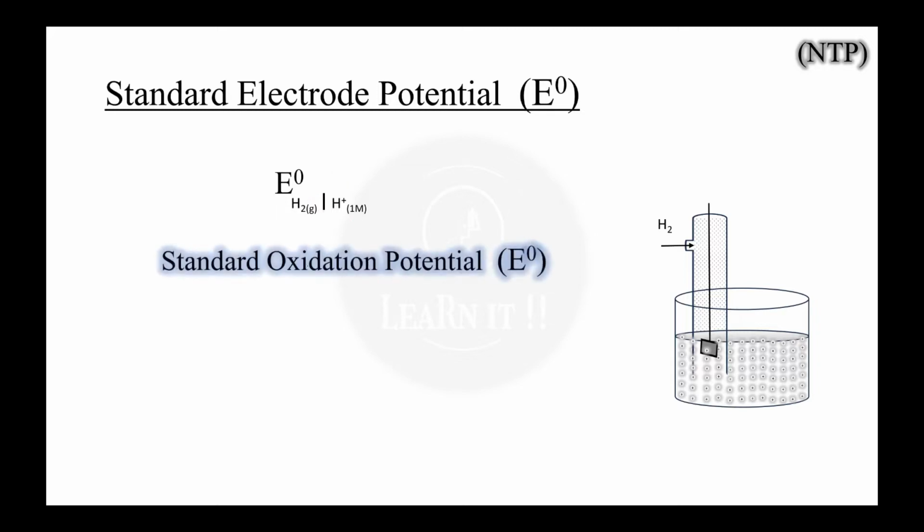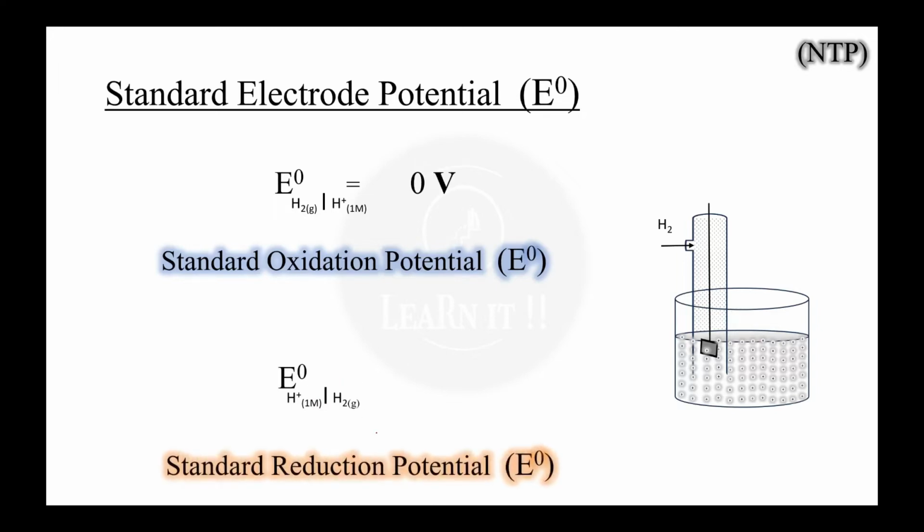The standard oxidation potential of the hydrogen electrode is 0 volt. Similarly, E0, that is cation to molecule, means reduction. So the standard reduction potential of the hydrogen electrode is 0 volt, because we already know that at NTP in the hydrogen electrode there will be no oxidation and no reduction.